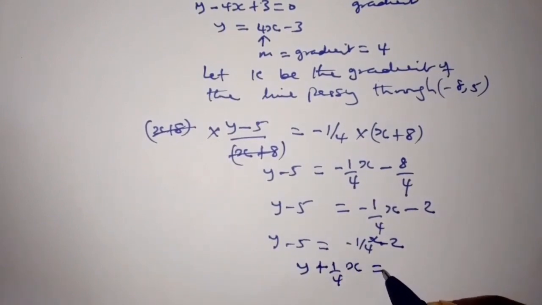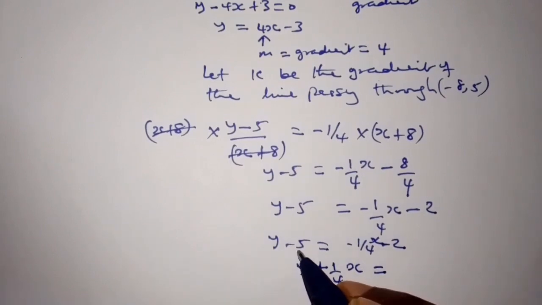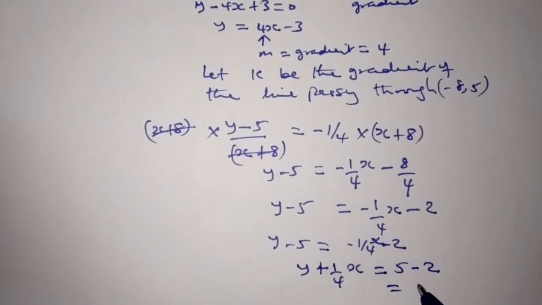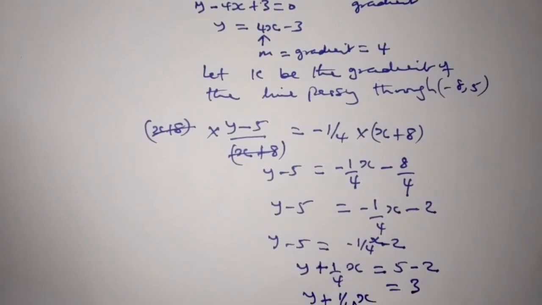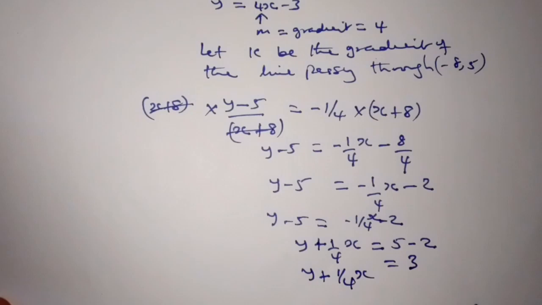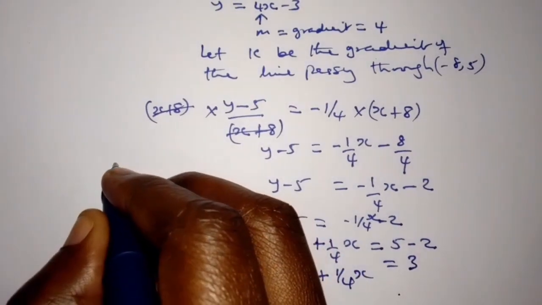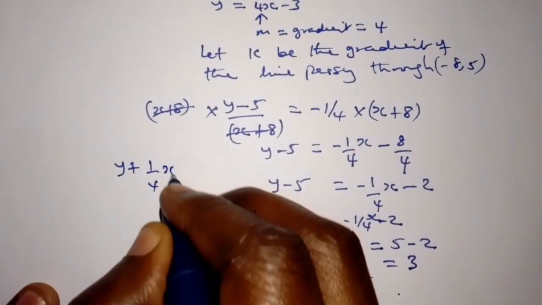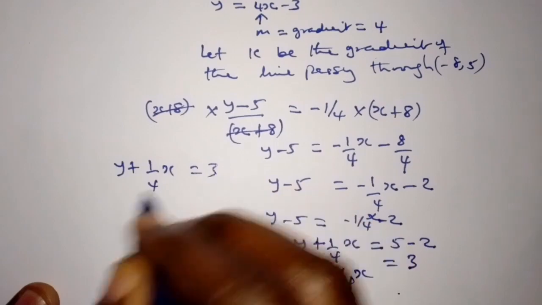We bring -5 to the other side, it becomes positive 5 minus 2, which is equal to 3. So this is y plus 1 over 4x is equal to 3.